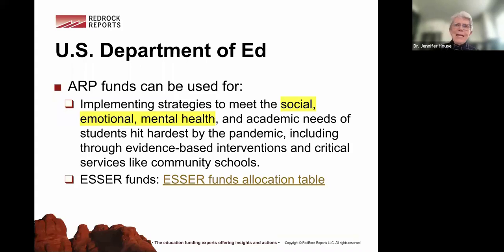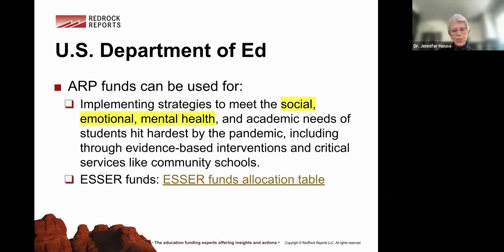As I said, the biggest amount of money that is still left is the American Rescue Plan. So think of it this way. The CARES Act and the second act, the 13.75 and then the 54 billion, that is really to replenish your coffers for what you had spent on COVID.